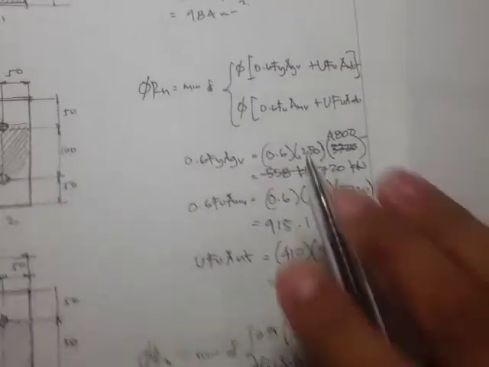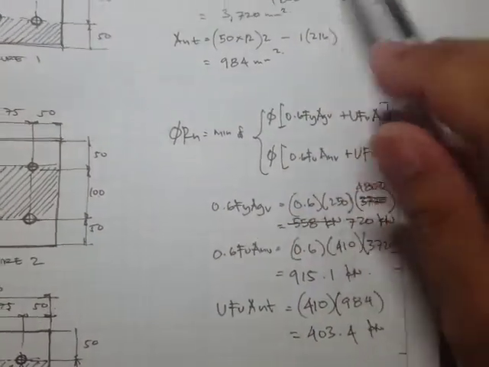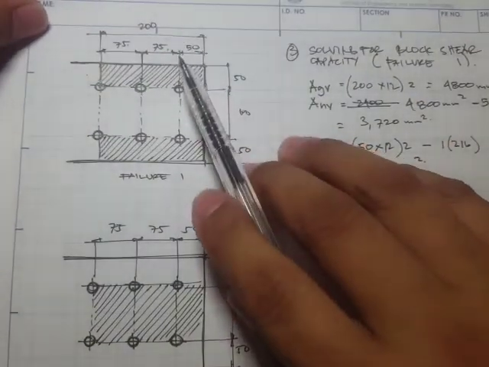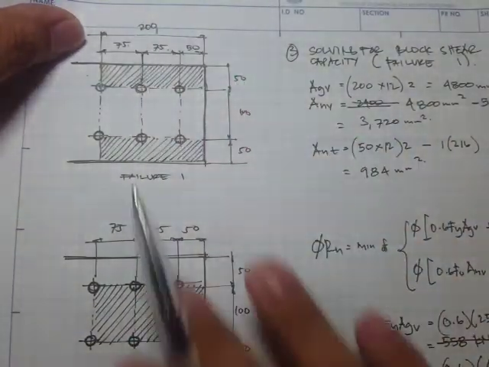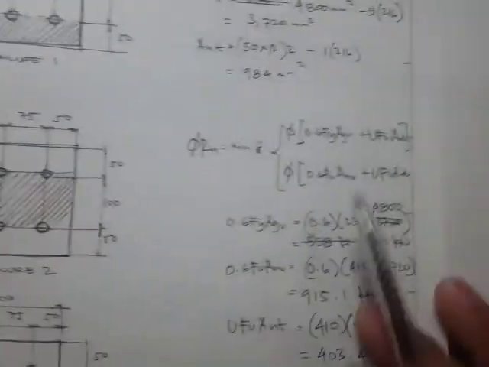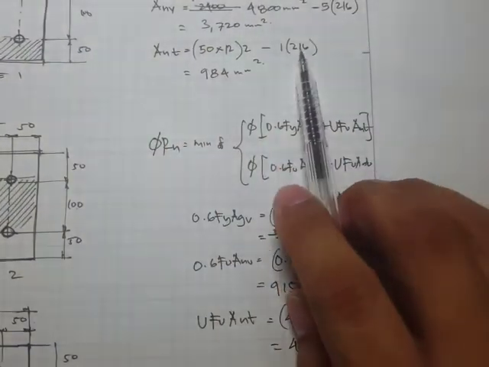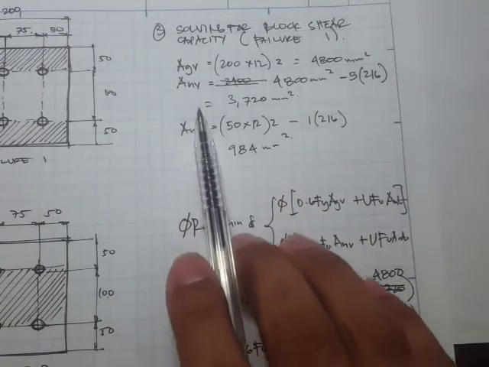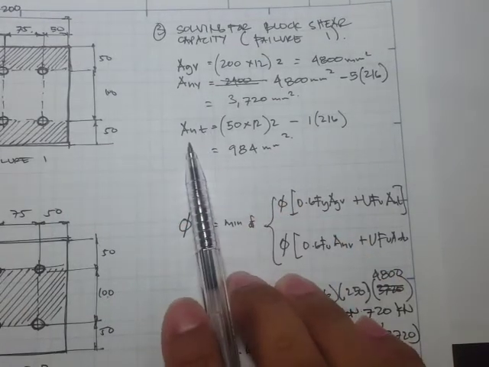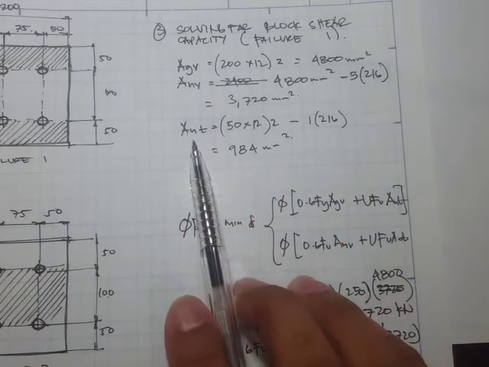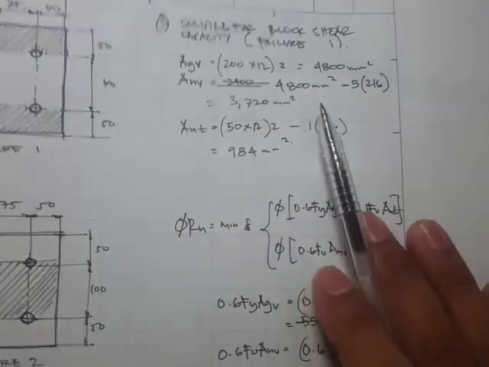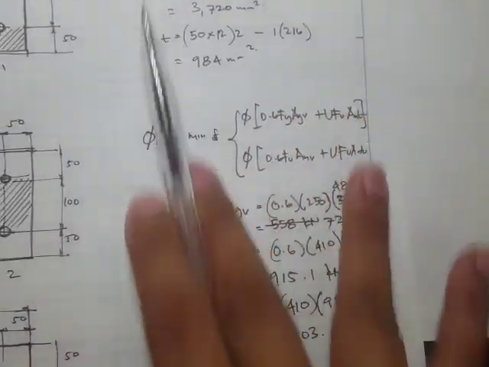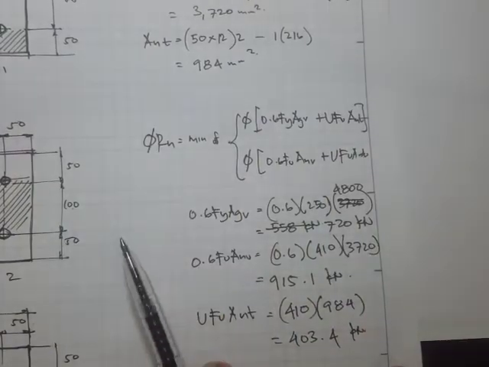For the third limit state, we can have various modes of failure, and we have to check all those modes of failure. Now for failure mode 1, we first solve for the net area for shear, and the net area for tension, because that would simplify the computation.